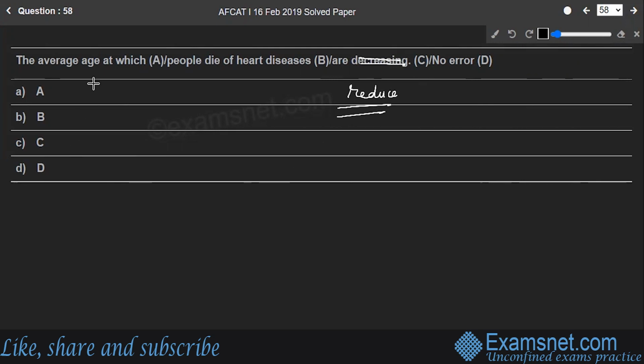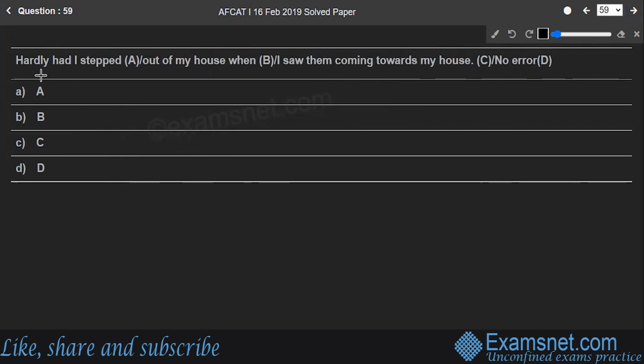So the average age at which people die of heart diseases is reducing. It should be instead of decreasing, it should be is reducing. So C is the part of the sentence that contains error. Right? Next, question number 59.